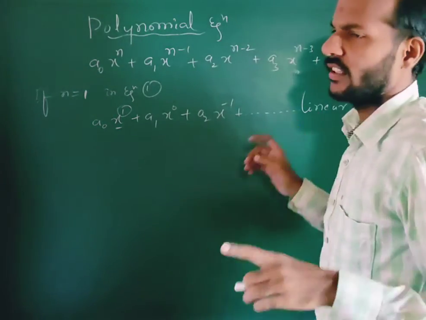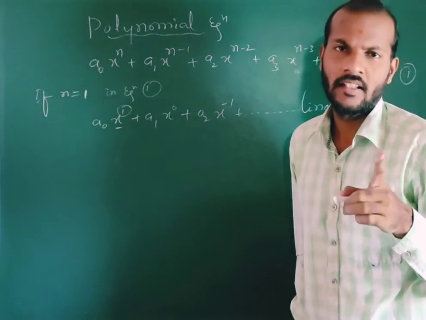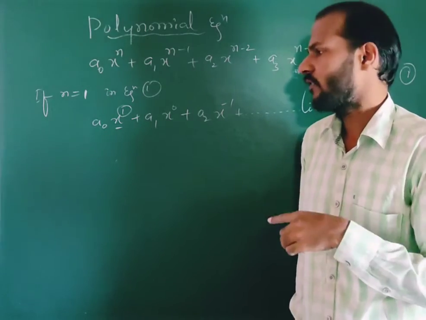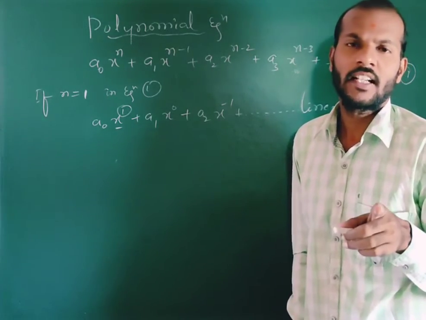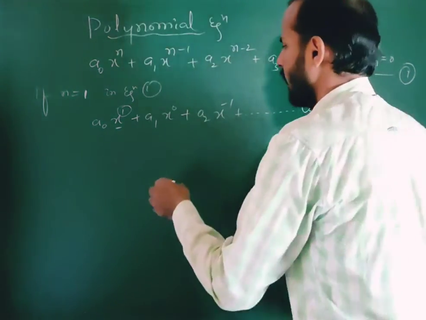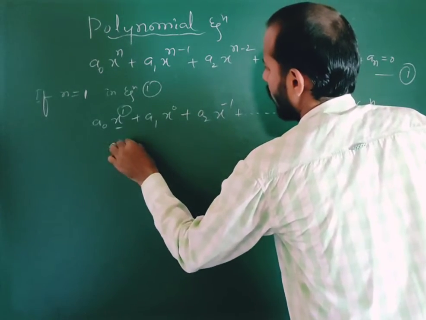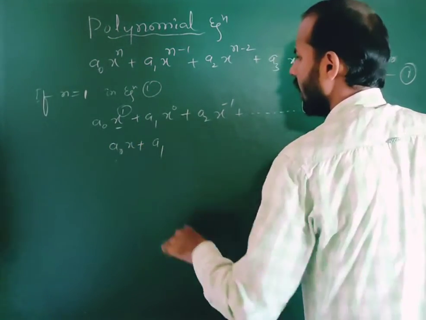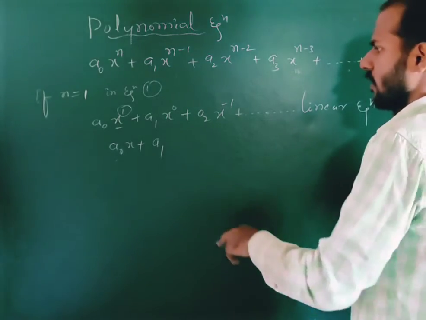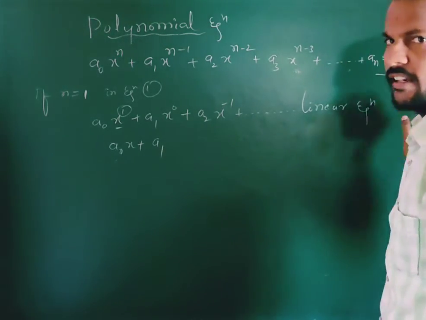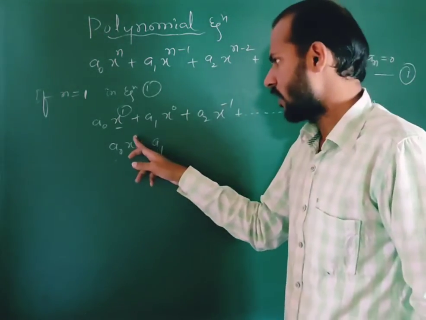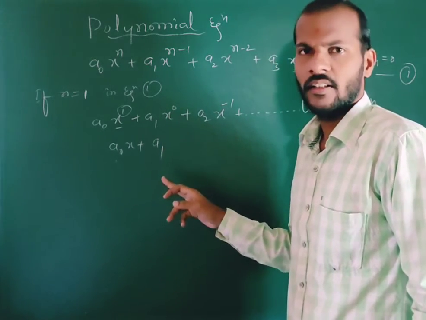Linear equation. The degree must be 1. Highest degree occurring in that equation is 1, then we call it a linear equation. How can you write it? a naught of x plus a1. Therefore, x to the power of 0 is what?